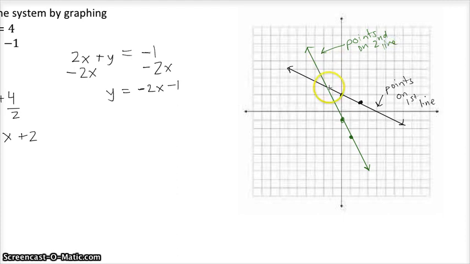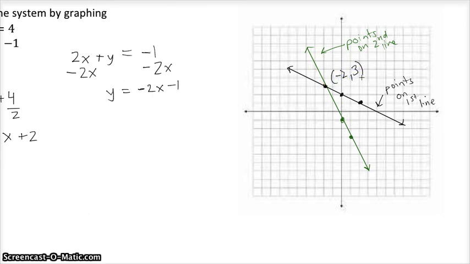Now if they're points on the line, they're points that work in the equation. So what we need to do is find specifically a point that works for both. So if we look at this, it appears there's a point that works for both of them. And it's at the point negative 2, 3.